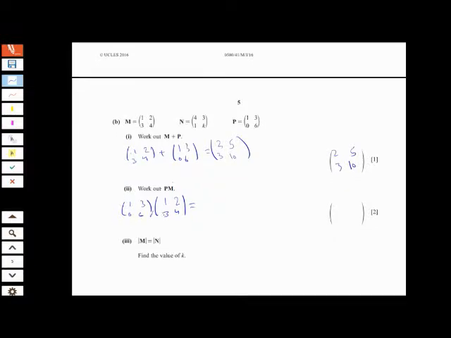Okay, now you multiply the rows by columns, which is 1 times 1 is 1, 3 times 3, 9, that means it's 10 here. 1 times 2, 2, 3 times 4, 12, so it's 14. 0 times 1, 0, 6 times 3, it's 18. And for the last one, 0 times 2, 0, 6 times 4, 24. So 10, 14, 18, 24.